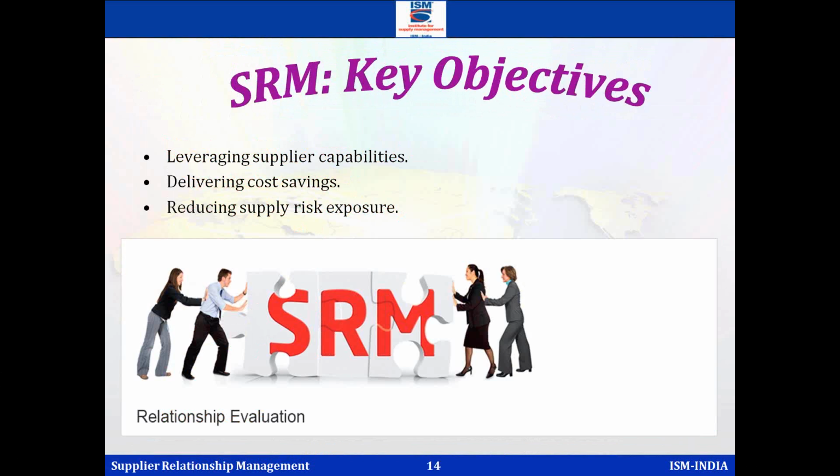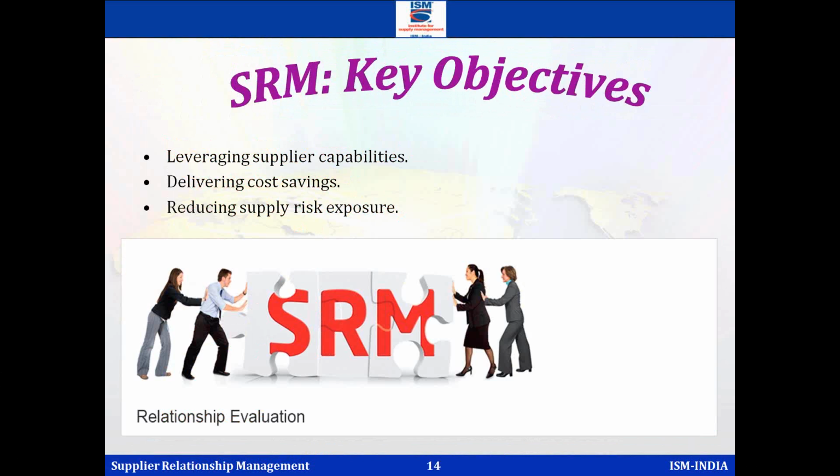But if I get brand X fitted into my car, and that brand is well known, it improves the profile of my car. Similarly, when Dell buys a chip from Intel or someone well known, it improves its profile. So I'm leveraging the supplier's capability.